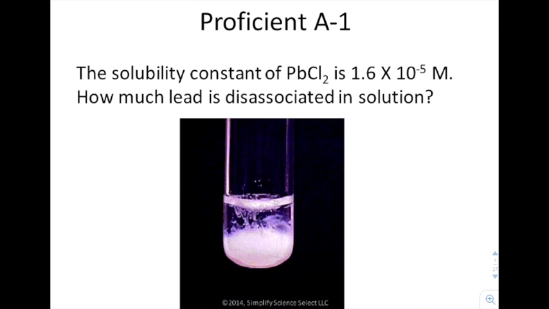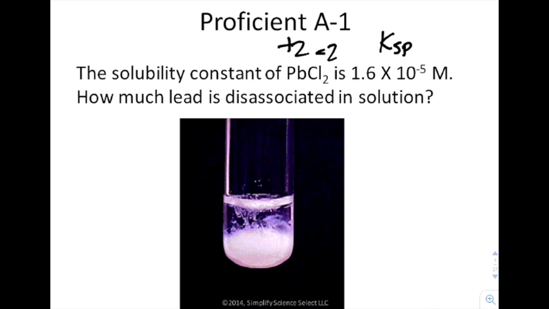So we have an example, and our example here says the solubility product constant of lead-2 chloride. The reason you should know it's lead-2 chloride is because chlorine has a charge of -1, so if you have two of them, you have a charge of -2. Lead has to have a charge of +2. It says the solubility product is 1.6 times 10 to the -5th, so that gives me my KSP value.